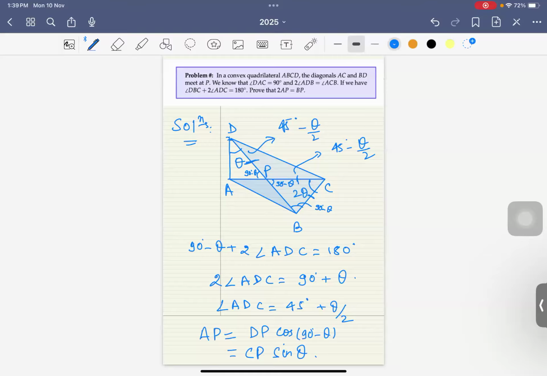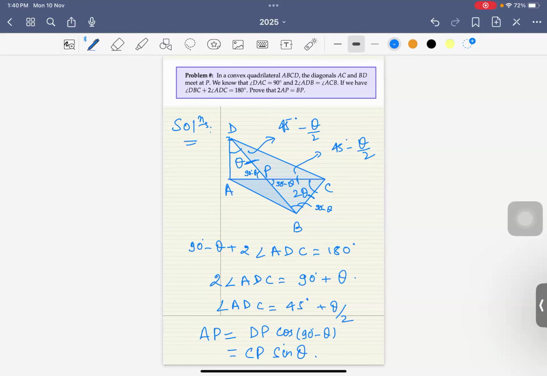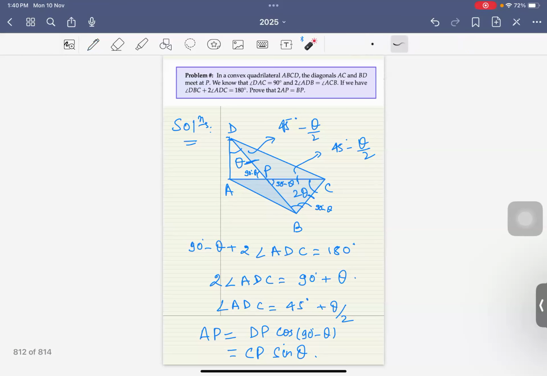And now I'm going to use the sine rule. Where am I going to use the sine rule? In triangle BPC, because there the side BP is involved. So what you see is that BP upon sine 2 theta is equal to CP upon sine of 90 degrees minus theta.